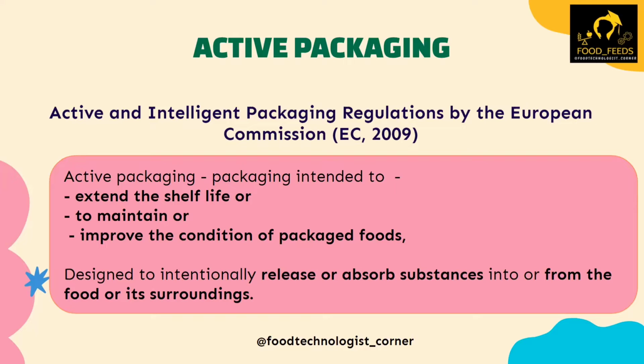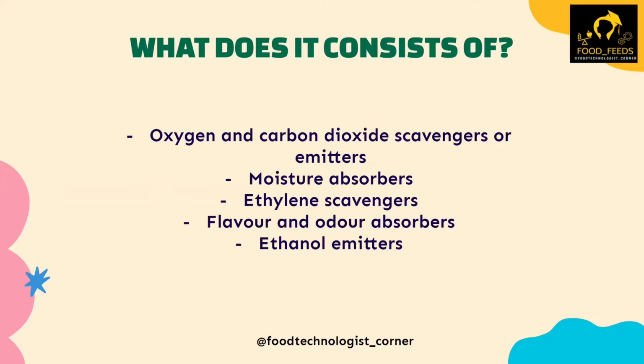Now we also need to know what exactly the changes will be, or how it is designed, to maintain the surrounding environment in such a state that extension of shelf life is possible. So let's see what active packaging consists of. Typically these systems include oxygen and carbon dioxide scavengers, ethylene scavengers, moisture absorbers, and flavor and odor absorbers.